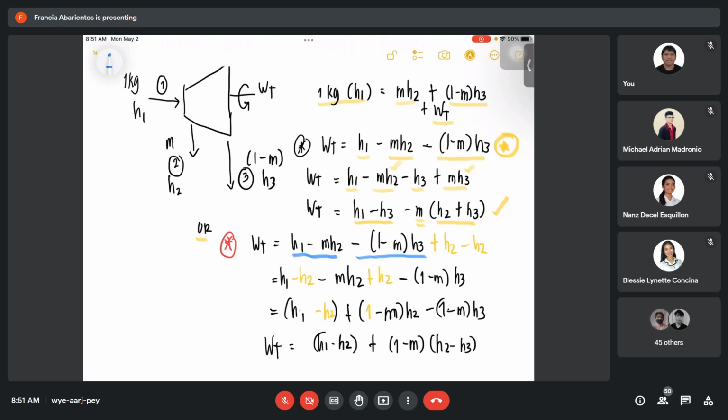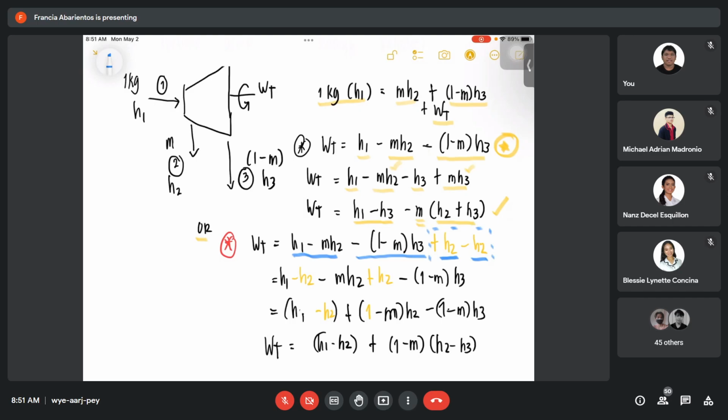So, we infuse this, the H2. Ayan, class. The H2 minus H2. So, this is just considered as 0, di ba, class? Naintindihan nyo? In-infuse lang natin to dito sa equation to make necessary adjustment. So, nilagay siya dyan, class.